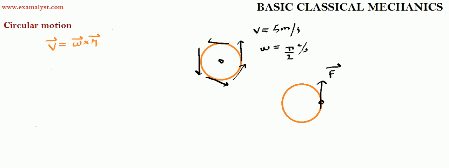What is the nature of this force? This force has to be always applied tangential. As a result, what will happen to the object? The object will move along the circle with an acceleration now.